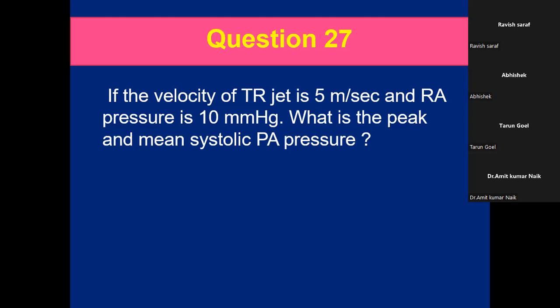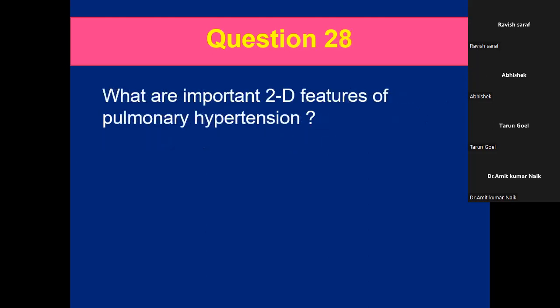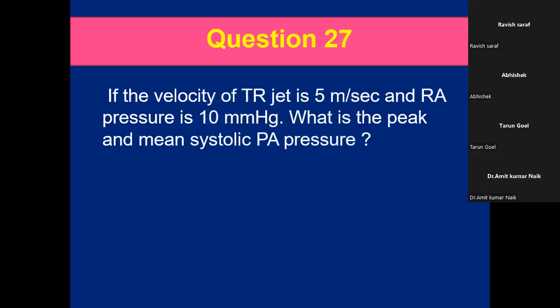How do you calculate mean pulmonary artery pressure? We take 2 to 3 peak gradients in one cardiac cycle and average that. No, that's wrong. The mean pulmonary artery pressure is derived from the peak: you multiply by 0.6 and add 2.1.